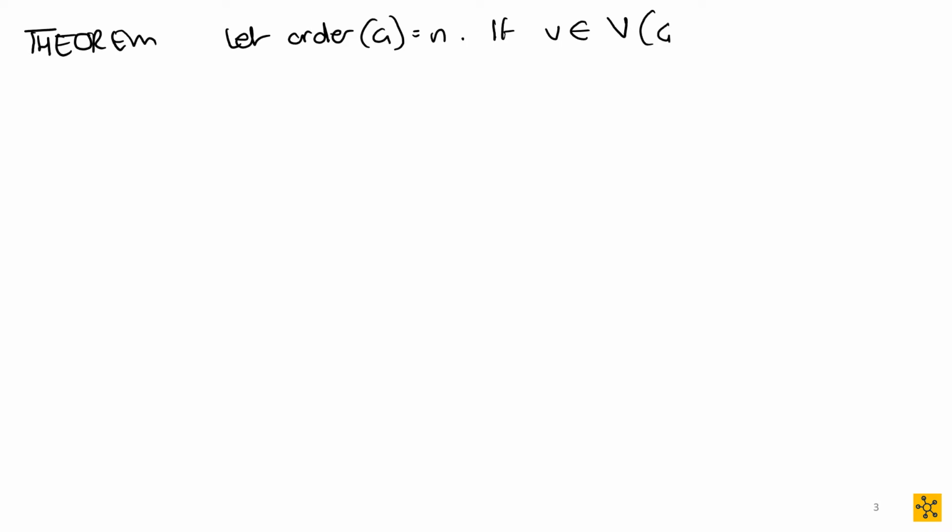So if the degree of any vertex in your graph is greater than or equal to n over 2, then your G is going to be connected. So theorem: if the order of G equals n, if v is an element of the vertex set of the graph, and the degree of v is greater than or equal to n over 2, then G is connected.